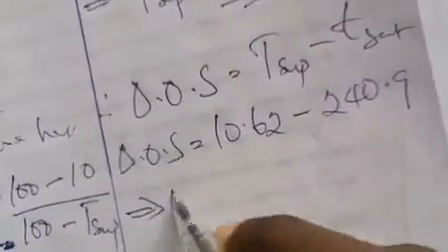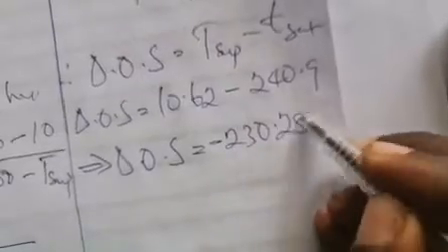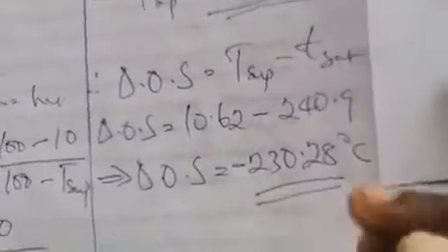This implies that the degree of superheat is equal to minus 230.28 degrees Celsius. Like I said, the steam is more saturated than it is superheated, so I guess that's why we keep on having negative values.